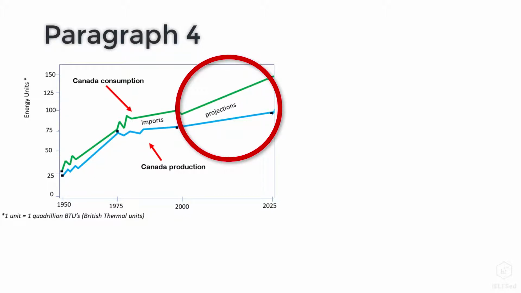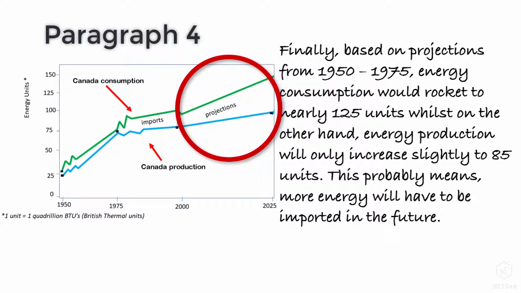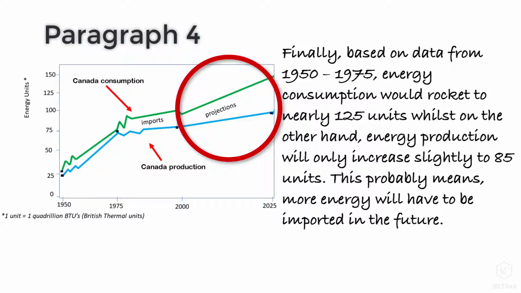Finally, based on projections from 1950 to 1975, energy consumption would rocket to nearly 125 units, whilst on the other hand, energy production will only increase slightly to 85 units. This probably means more energy will have to be imported in the future.